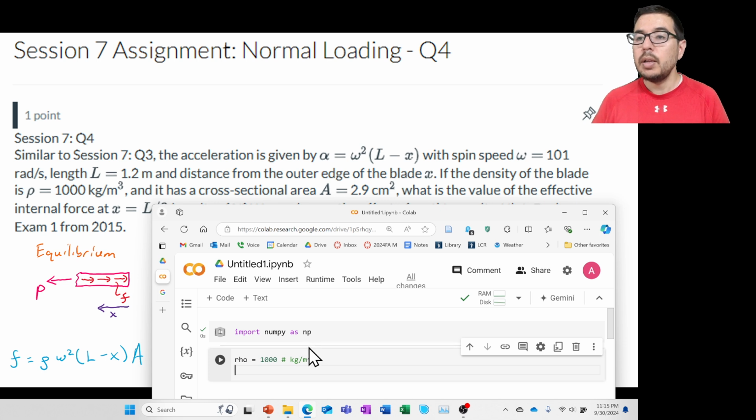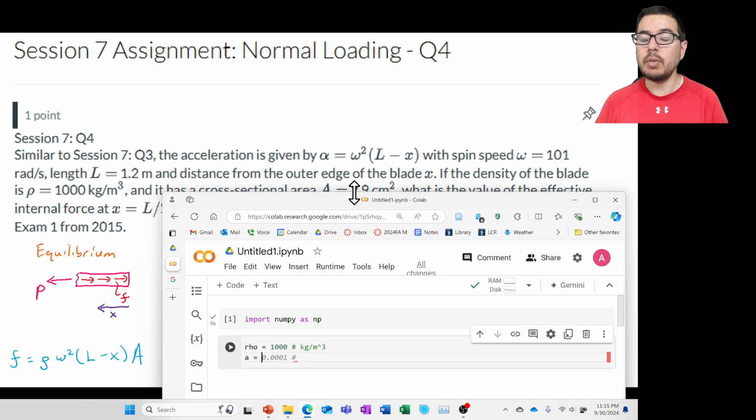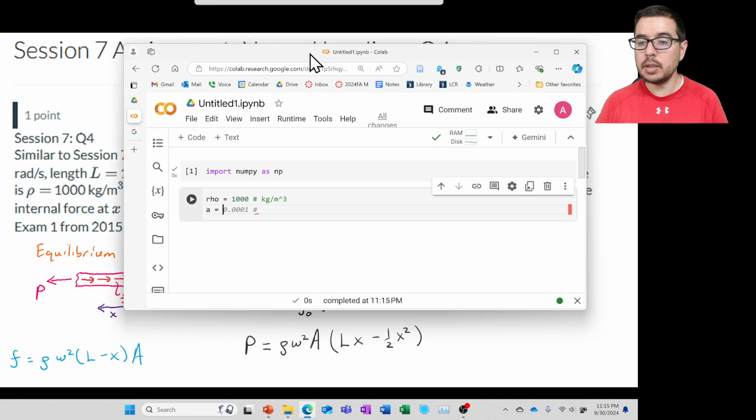We'll also have an acceleration that will be omega squared times quantity L minus x. So, well, actually, no, we're going to use the angular velocity there, right? Because we have an expression that doesn't have the final result in terms of an acceleration, but it's in terms of the angular velocity.